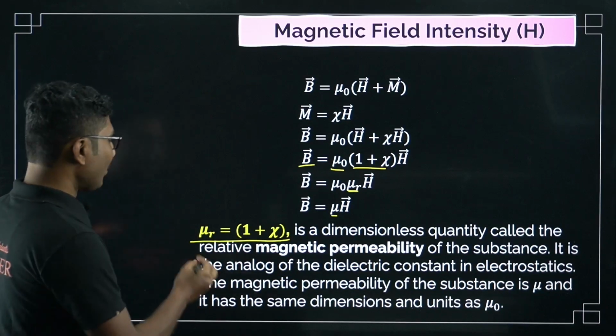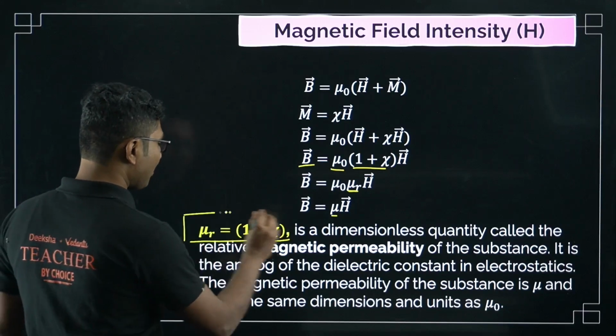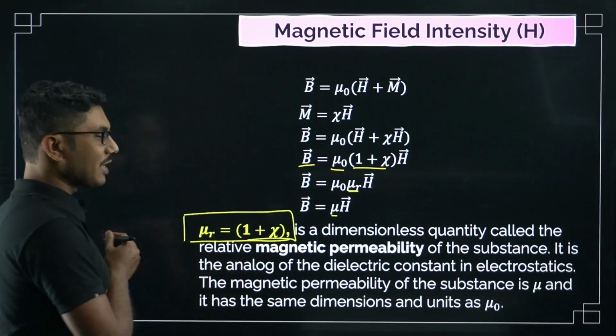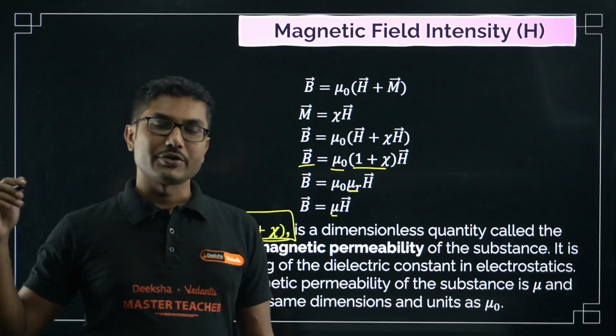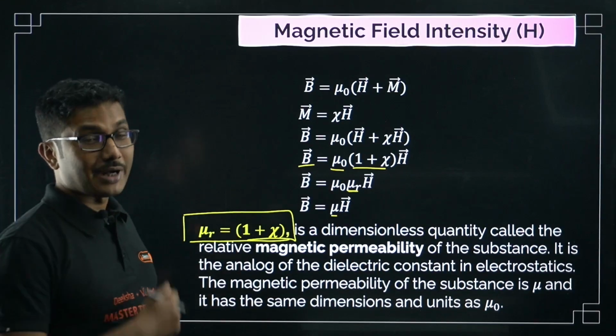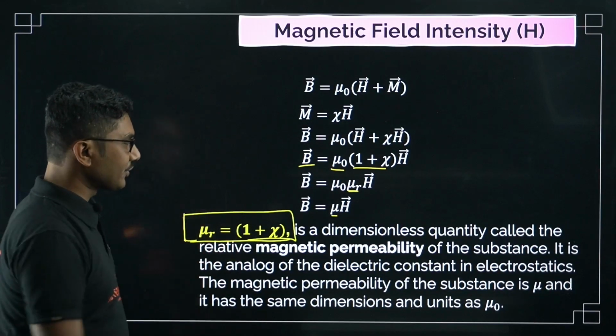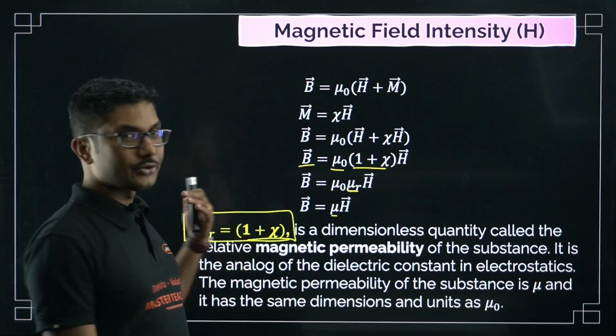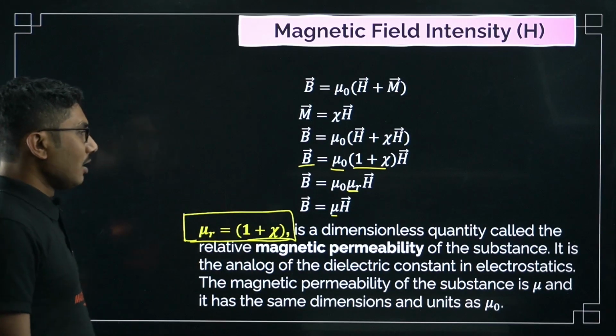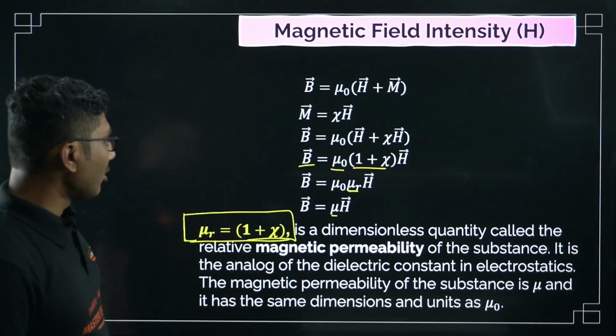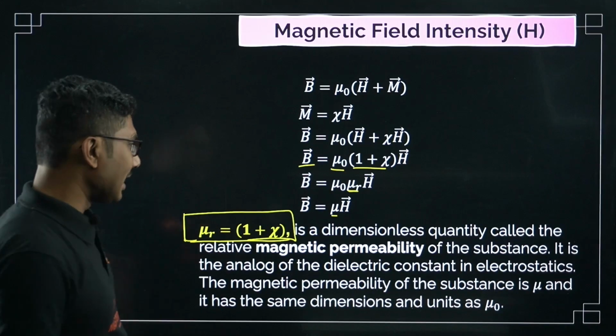This is a very, very important formula from this chapter. Based on this, 1 or 2 questions might come, maybe a maximum of 1 question, but there is a probability that a question comes where you have to apply this knowledge to solve it. It is the analog of the dielectric constant in electrostatics.